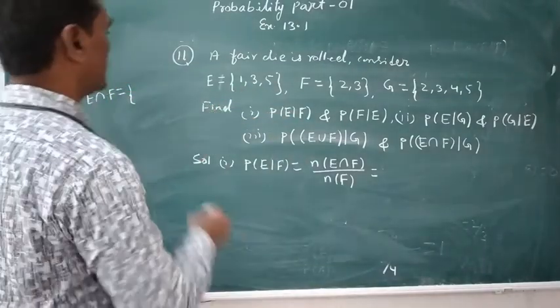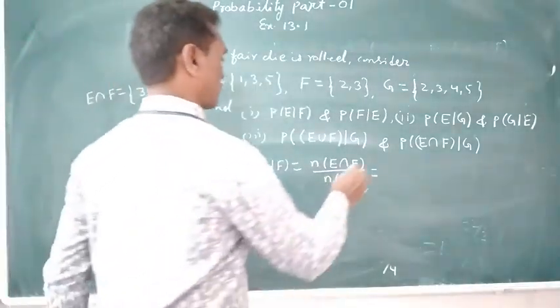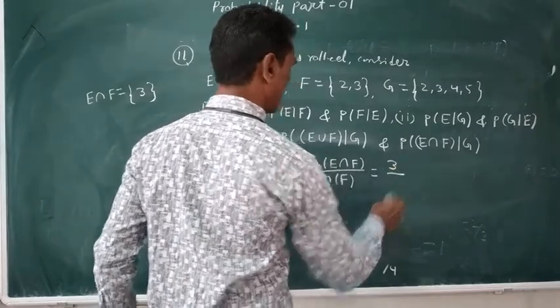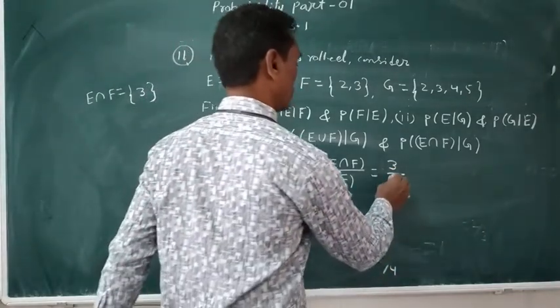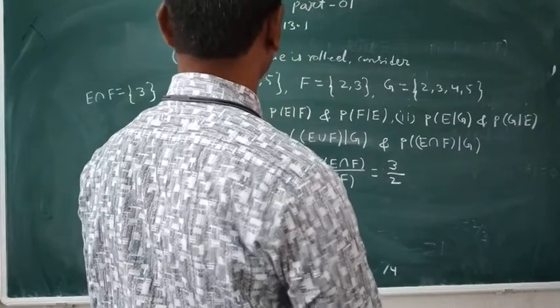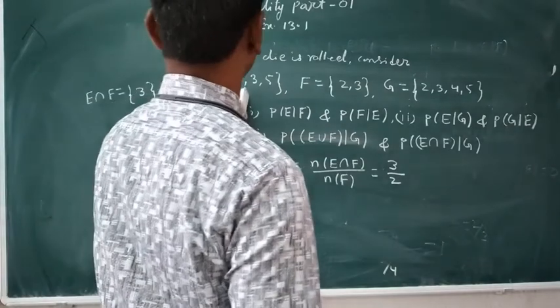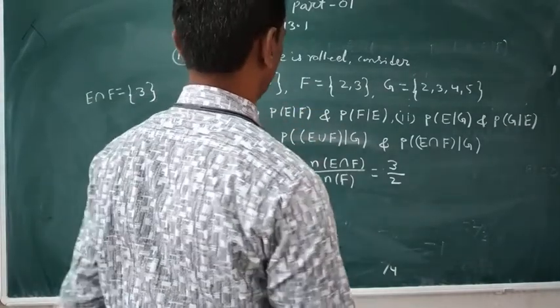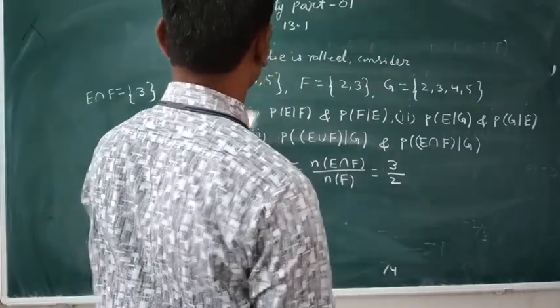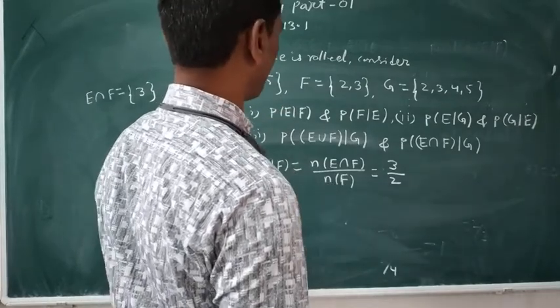Common is only one element, it is 3. So number of elements in E and F common is 1, and number of elements in F is 2.